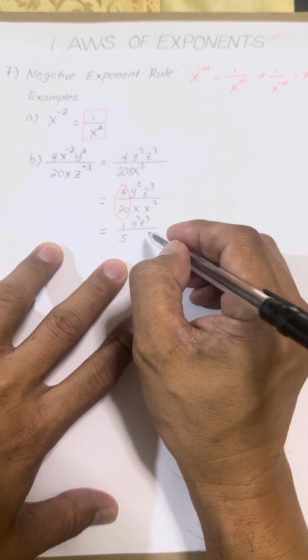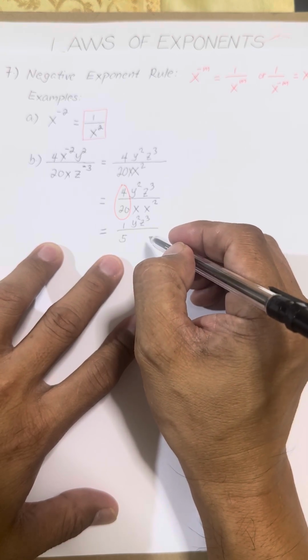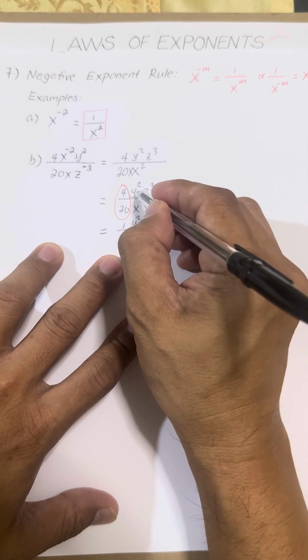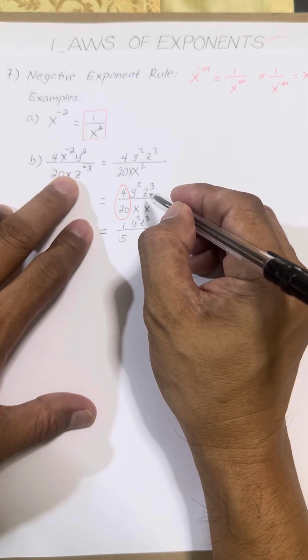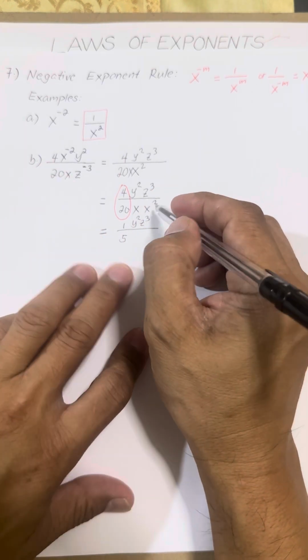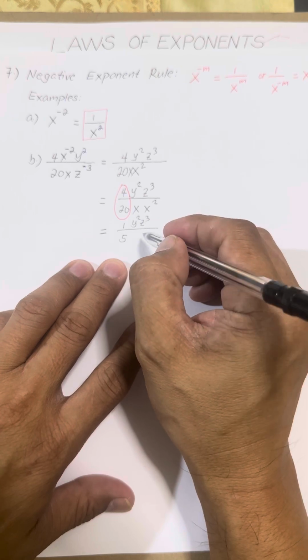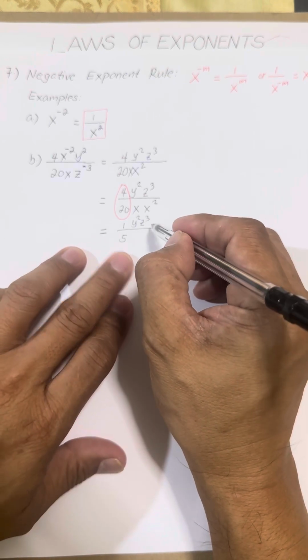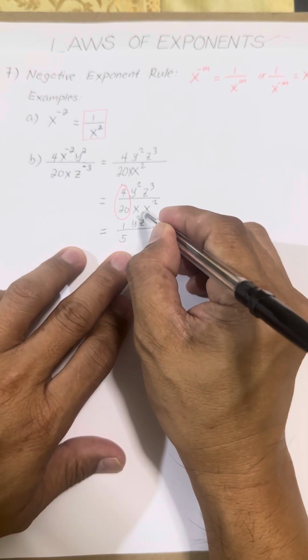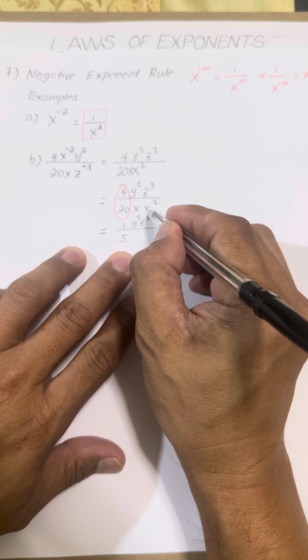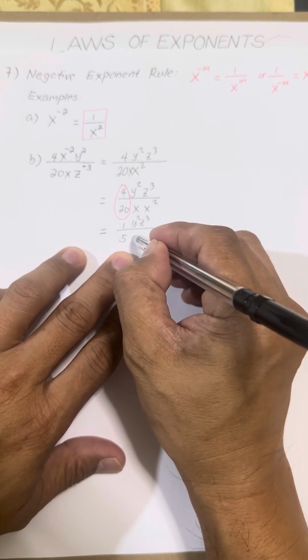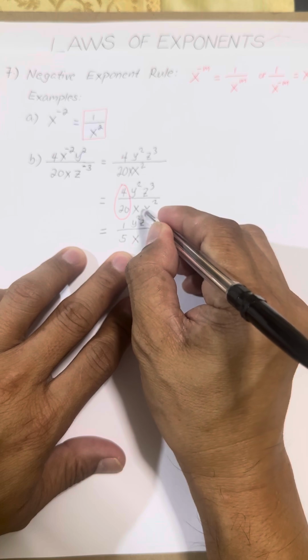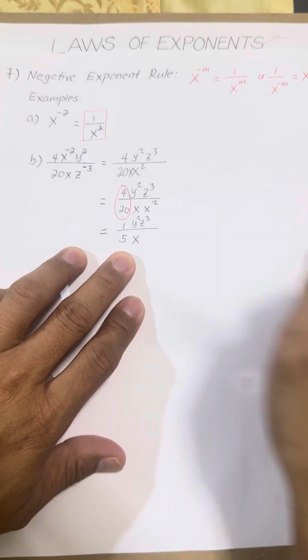So we can apply the law of exponents number 1, or rule number 1. We can combine these. We have x times x squared, a multiplication with the same base, so we just add the exponents.